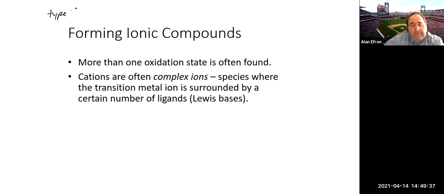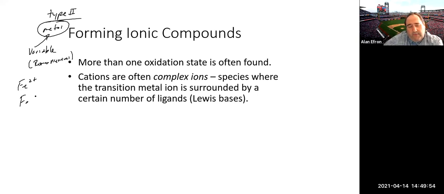Maybe I learned it as type 2. And that means that the metal can have a variable charge. That is why we usually will use Roman numerals when we name these guys, like iron, Roman numeral 2, iron, Roman numeral 3, because it can have a variety of charges. We do include the Roman numeral there to indicate the charge on it.